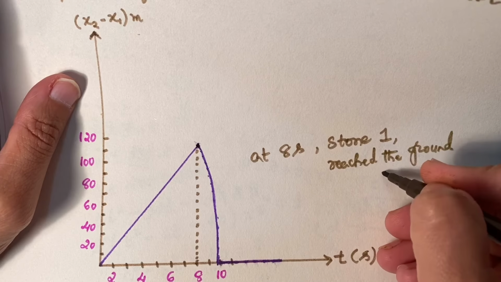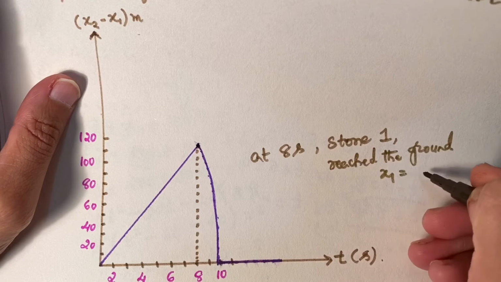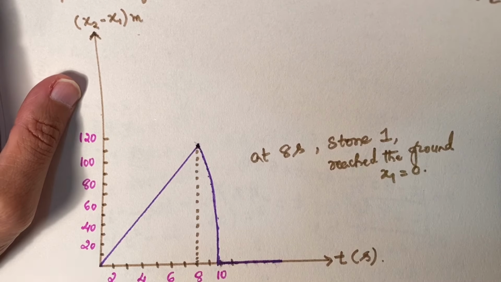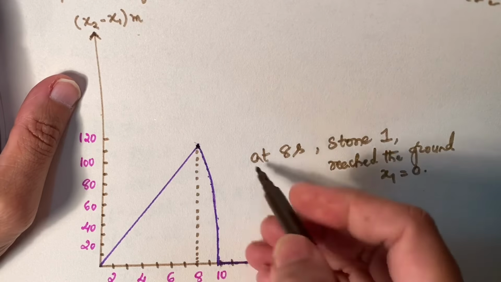So if I take x1 as the position of stone 1, it had reached the ground and it was 0.